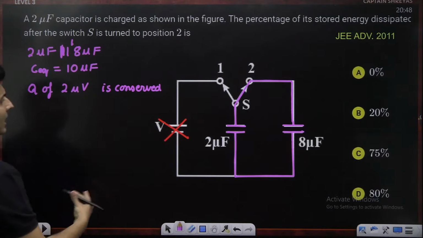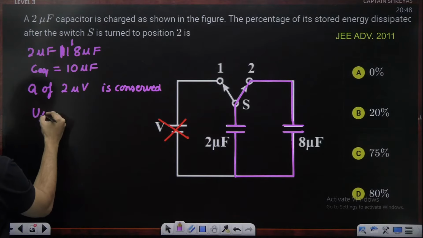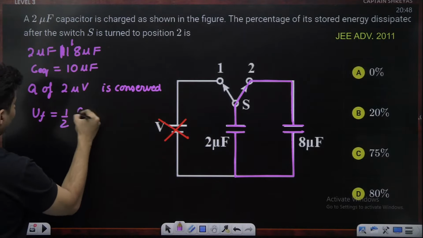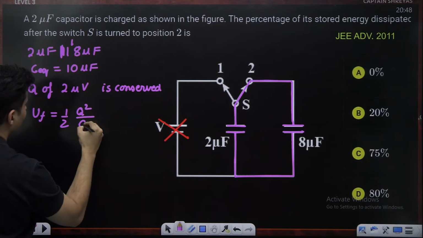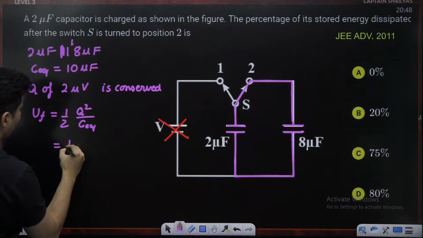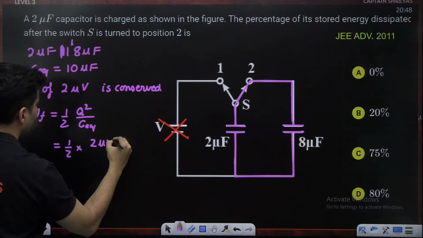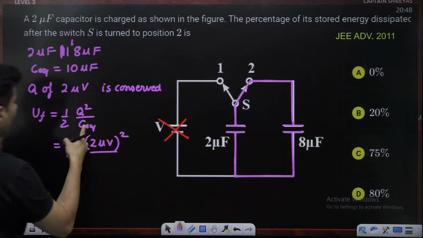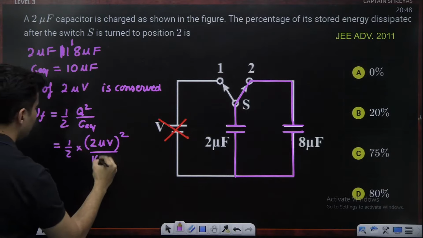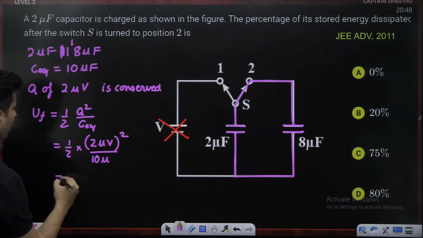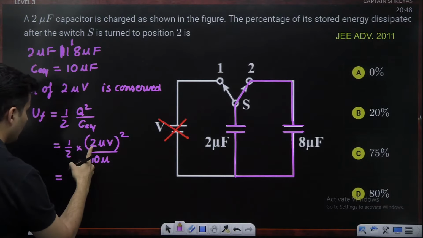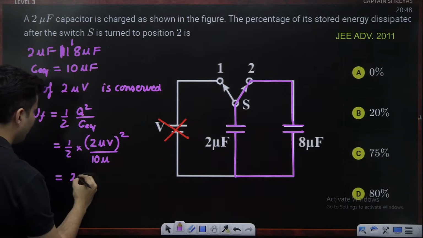So I can find the final energy stored, which is half charge square by capacitance. Charge is 2 micro V, squared, divided by the equivalent capacitance of 10 microfarad. 2 square by 2, 2 will remain.